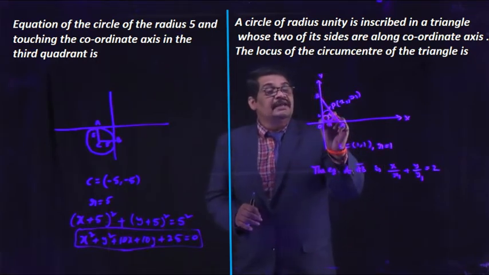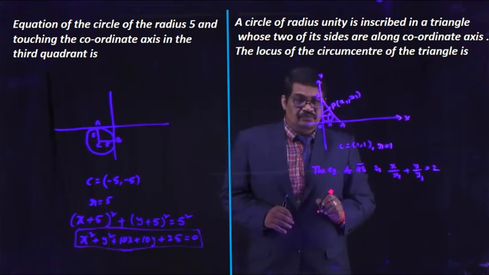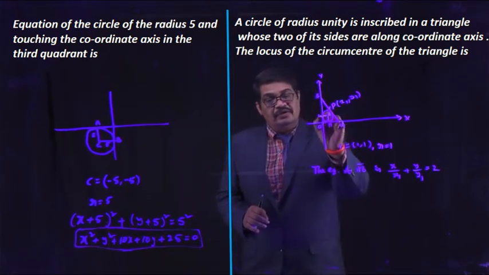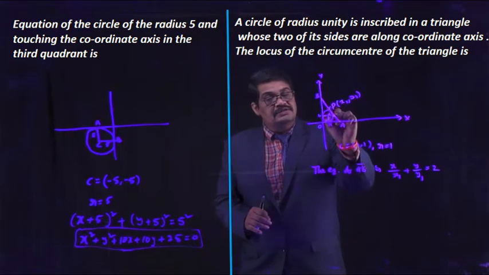Here the circle touches the AB line. The circle touches both the coordinate axes and also the third side AB.